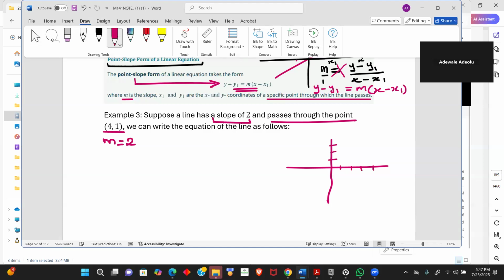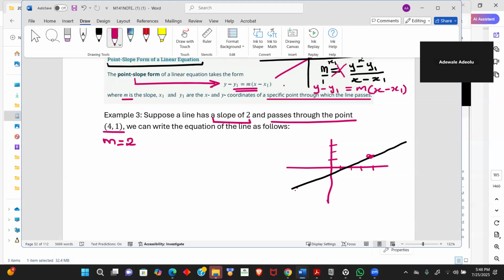So 4, comma 1 is here. And let's say the slope is 2, and we have something like this. It doesn't have to be perfect. I just want to show you it passes through that point.